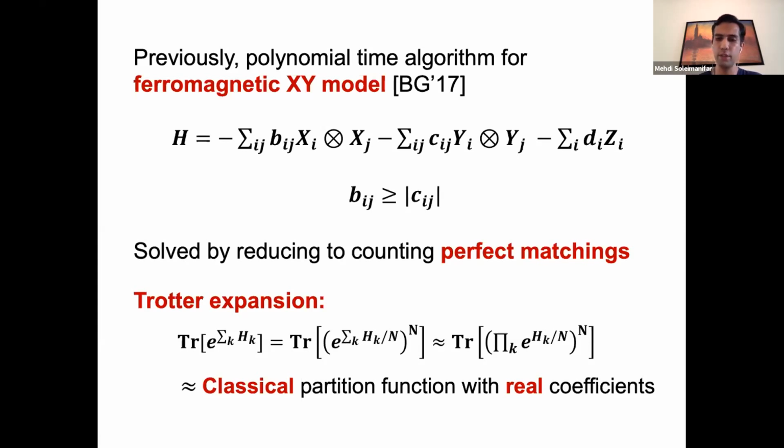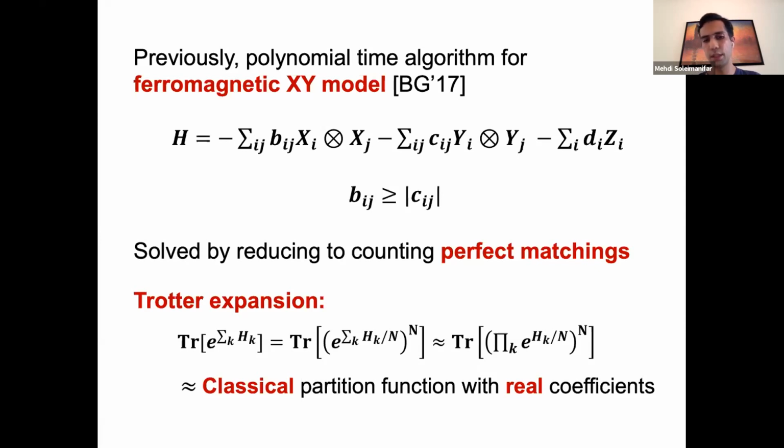But since the exponent now has a 1/n factor, if n is large enough, it's polynomial in the number of spins. Then you can basically replace e to the sum of terms with a product of matrix exponentials, and then you again have the nth power. This allows you to write the quantum partition function as a sum of positive terms.